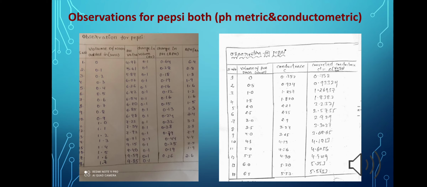For this purpose, we used accurate titration for measuring accurate pH. In the second picture, we observe the serial number, volume of NaOH, conductance and corrected conductance.